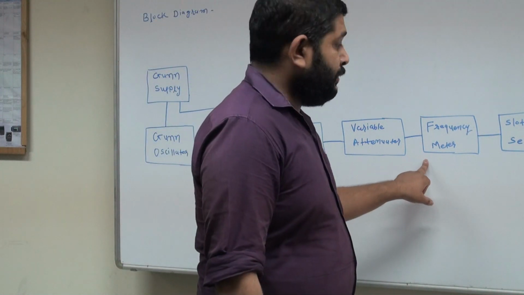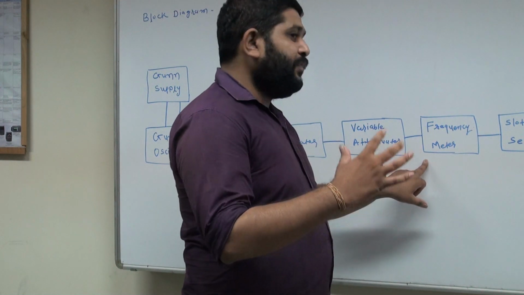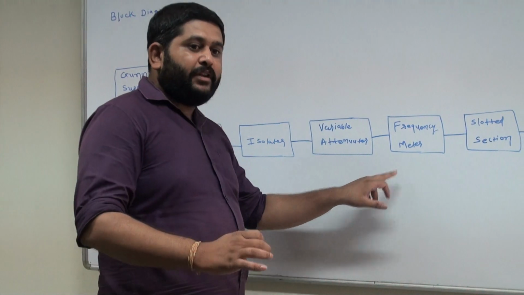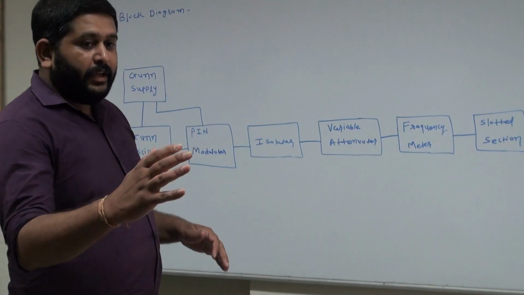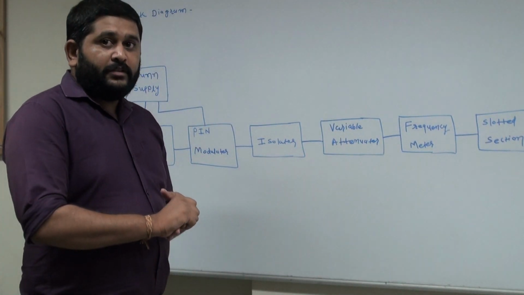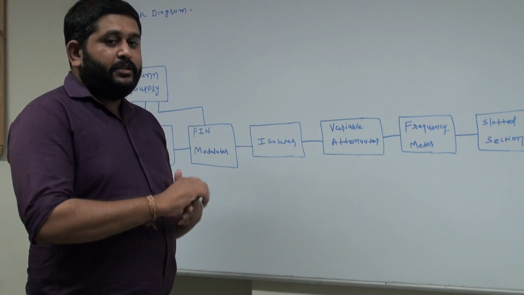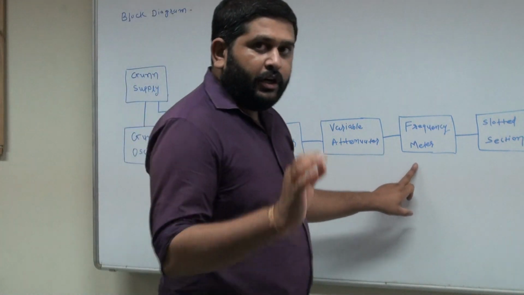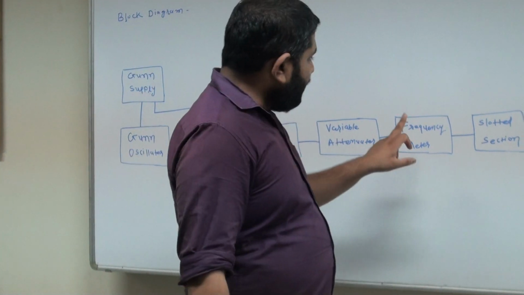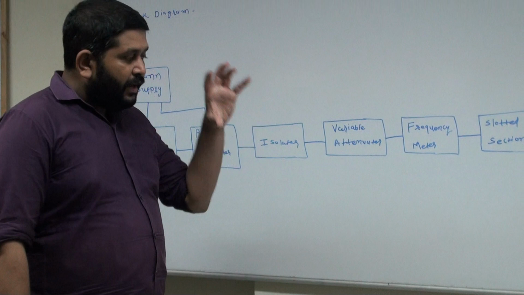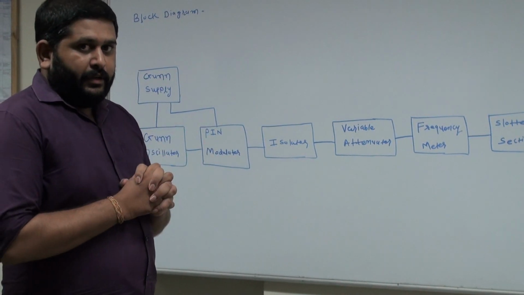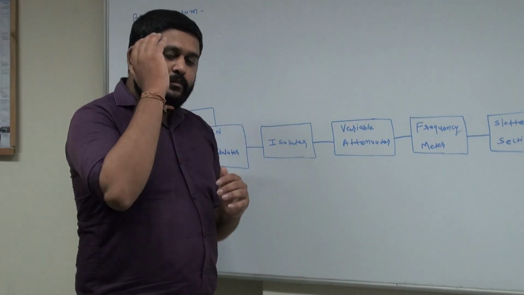And then next is the frequency meter. Here the X band frequency is very high, 8 to 12 GHz, and that frequency we can't measure using an oscilloscope. Because of that reason we have used the frequency meter, and the frequency meter has a cavity, and that cavity has some dimension, and that dimension corresponds to a frequency.